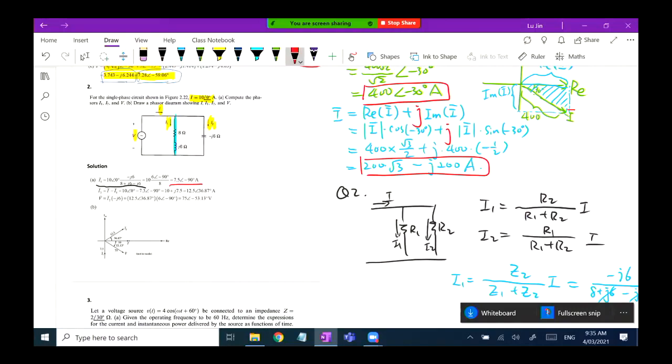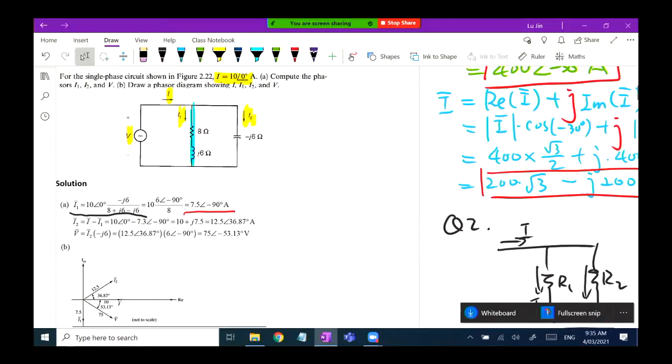For the I2, if you want, you can do the same thing. But for this question, if you are using the current division again for calculating the I2, you may have a small trouble. Because if you want to use current division, the I2 will be equal to, at the bottom, 8 plus j6, then minus j6, multiplied by 10 with 0 degrees, right?